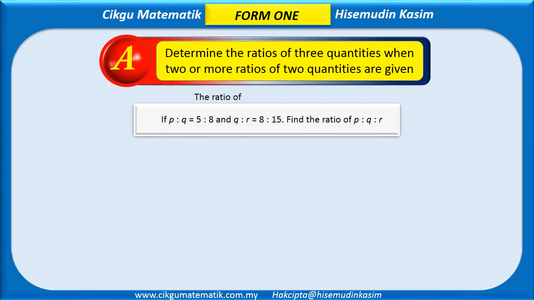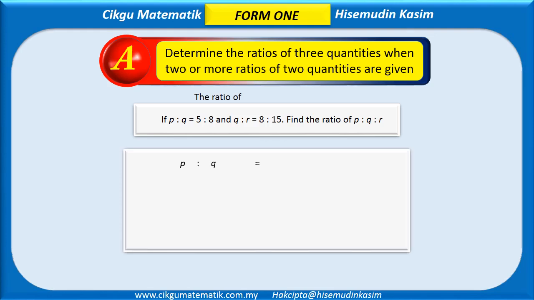If the ratio of P to Q equals 5 to 8 and the ratio of Q to R is 8 to 15, find the ratio of P to Q to R. The ratio of P to Q equals 5 to 8. The ratio of Q to R is 8 to 15.